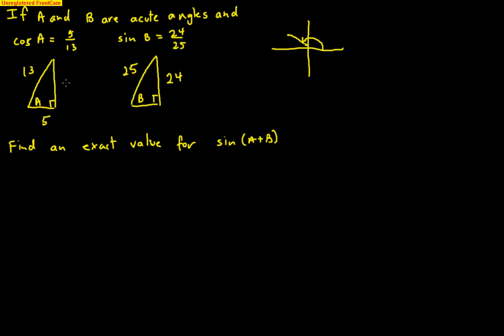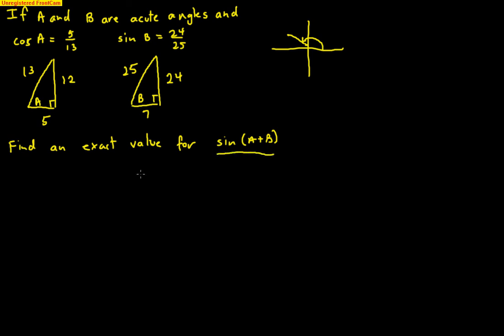Now, if we were to quickly use some Pythagoras, we could find that that is 12 and that is 7. Now, that's going to help us find sine of A, tan of A, and also cos of B and tan of B if we needed them, which we'll come back to in a second.